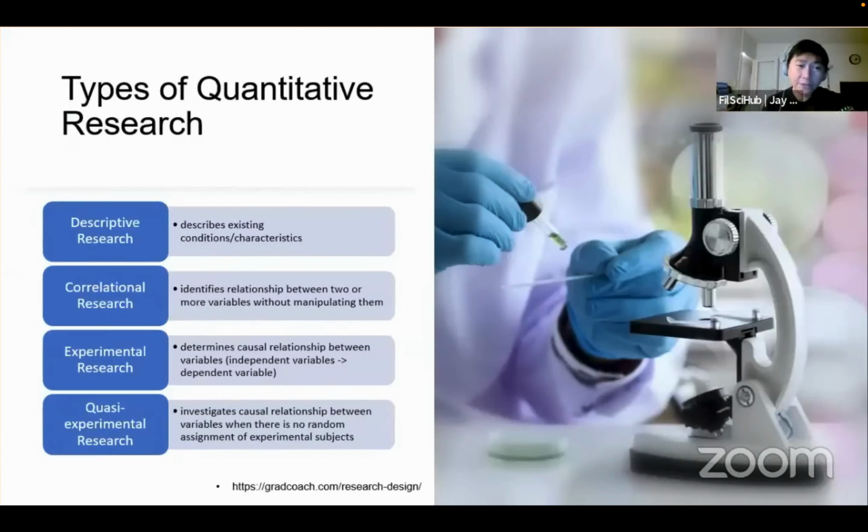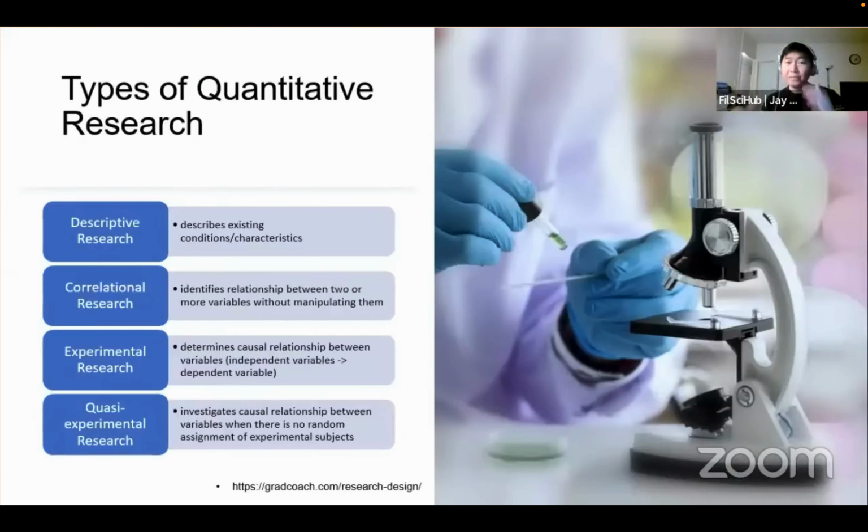So there are four common types of quantitative research. One is descriptive research, which merely describes conditions and characteristics of a certain population or a sample of that population. Take, for example, the population of students in the Philippines, take a subset of that and describe the statistics from that subset.